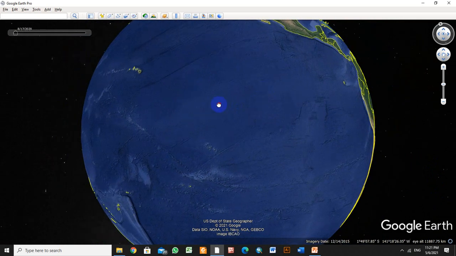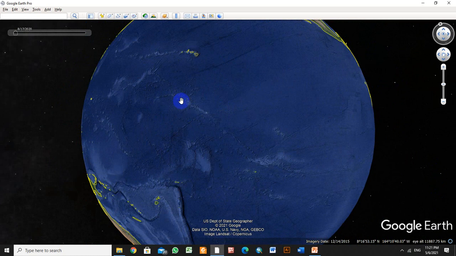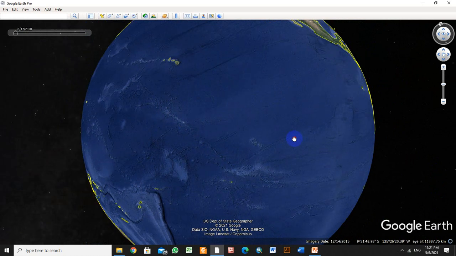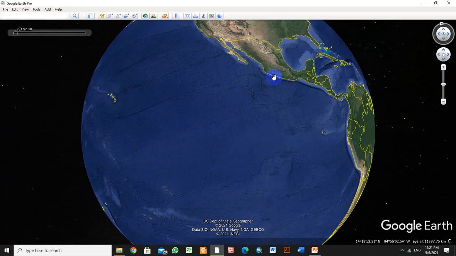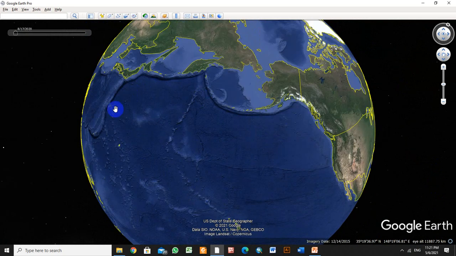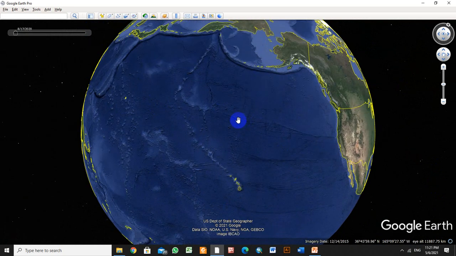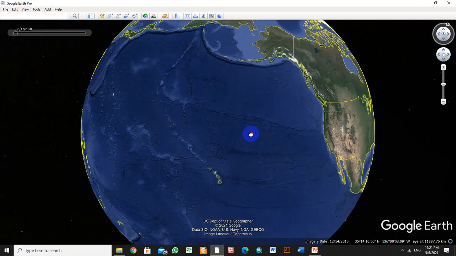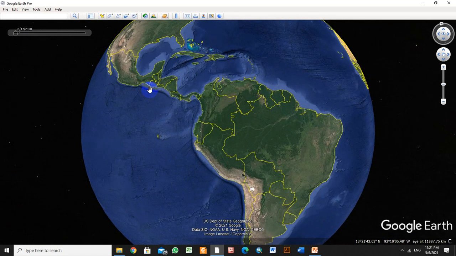This part of the Pacific Ocean is bounded by a mid-ocean ridge here and a mid-ocean ridge here, and a trench here, a convergent plate boundary, and trenches here and here. Almost all of this plate consists of oceanic crust. So a plate may be continental crust, maybe oceanic crust, maybe a mix of continent and ocean.